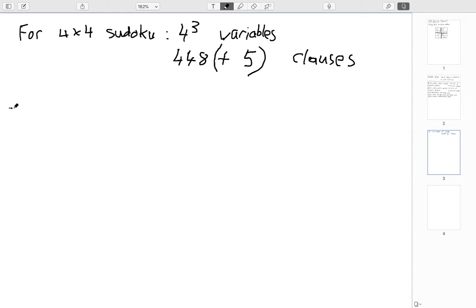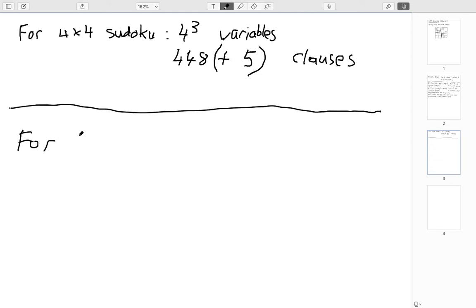Okay, so suppose we were going to do the same thing for a real sudoku, like a 9 times 9 sudoku. It turns out things get a lot bigger. So now we have 9 cubed variables, whereas 4 cubed is 64. I don't remember exactly what 9 cubed is, but it's in the high 700s, I think. So 9 cubed variables.